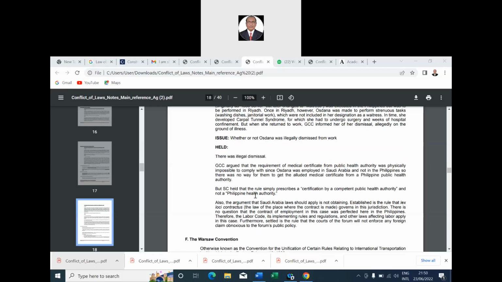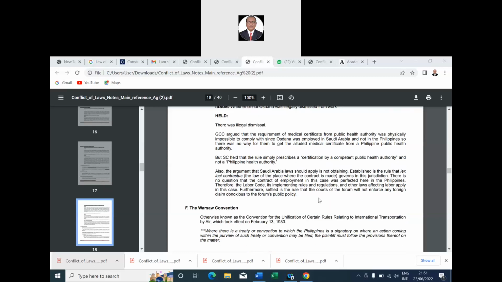But the Supreme Court held that the rule simply prescribes a certificate by a competent public authority and not a Philippine health authority. Also, the argument that the Saudi Arabia laws should apply is not obtaining, as established in the rule that lex loci contractus, the law of the place where the contract is made, governs in this jurisdiction.